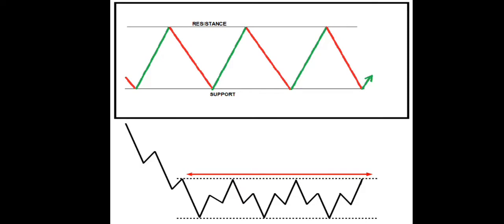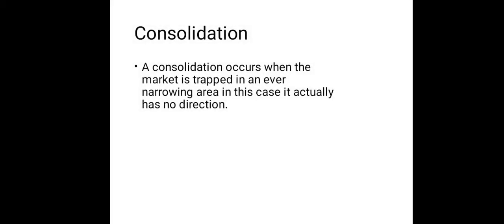So let's move to the next type of market structure. Consolidation. Now, this type of market structure is the market that has no direction. On the charts, you just see candles moving up and down, up and down, up and down.